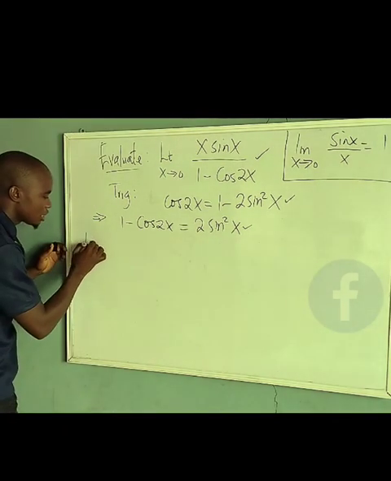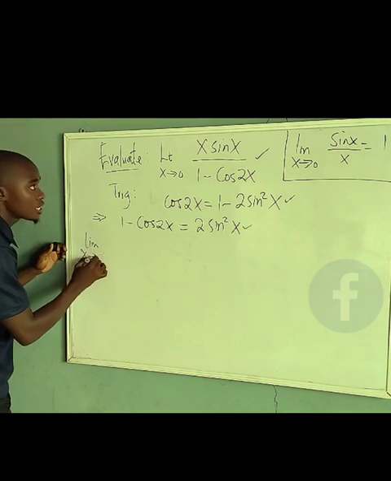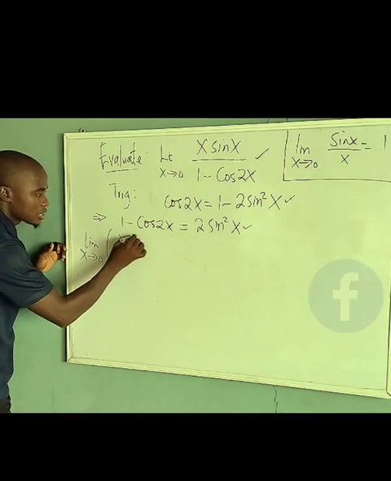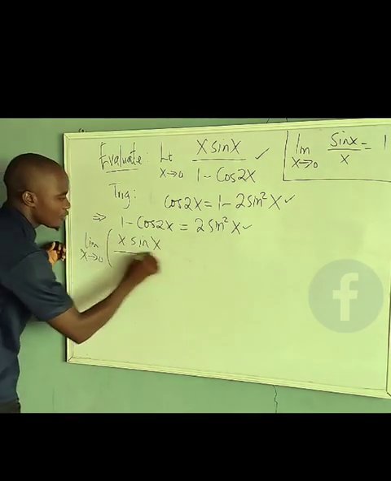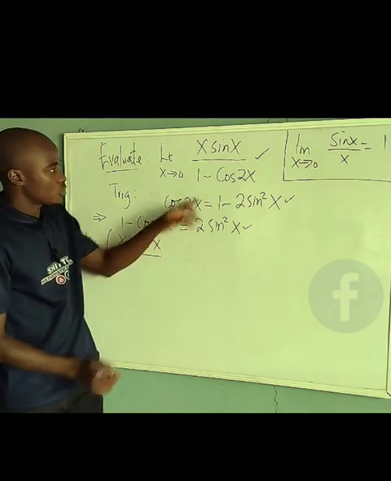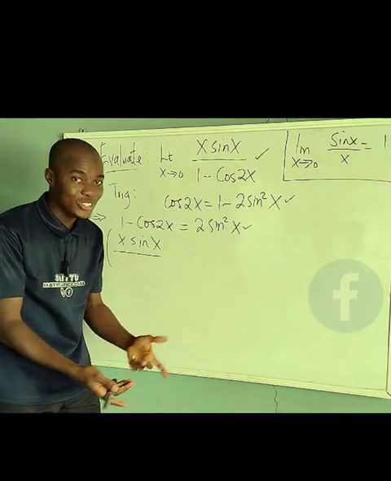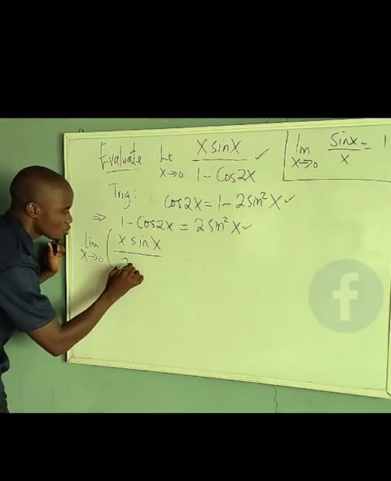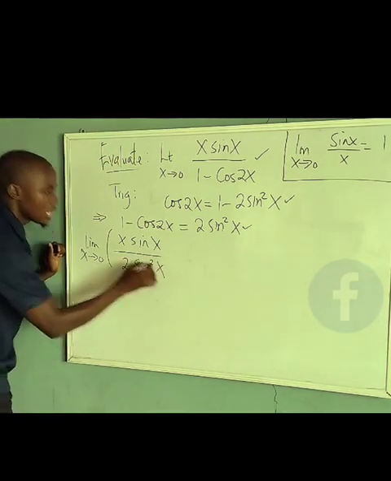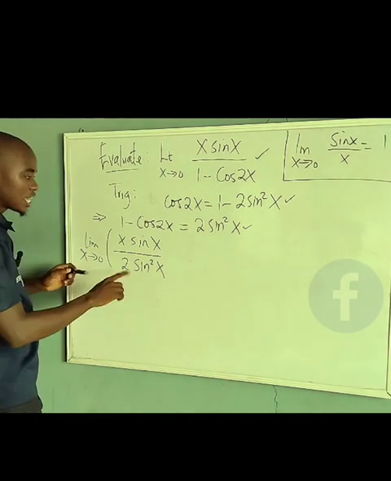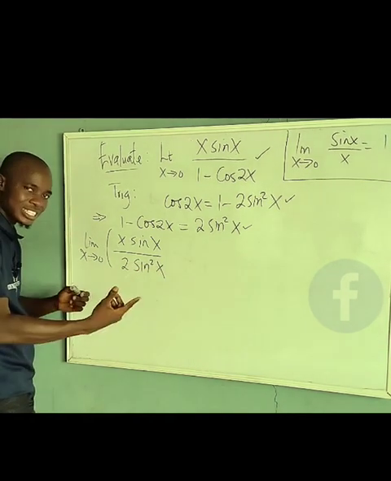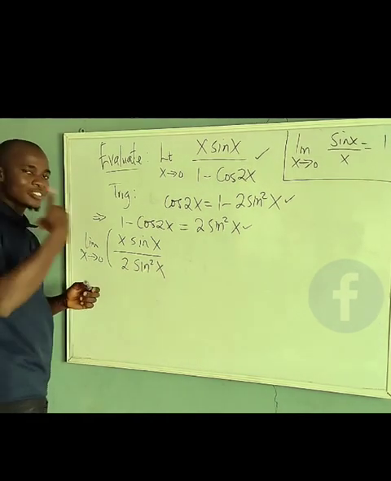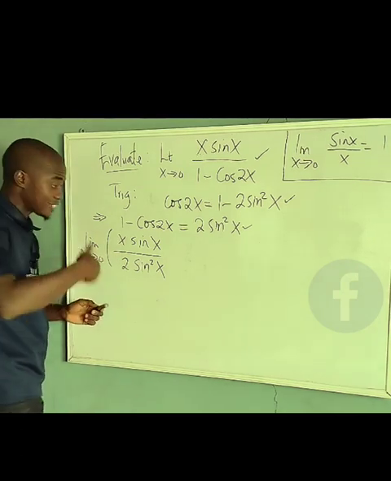So we are going to have the limit as x tends to 0 of x sine x over 2 sine square x. Don't forget that sine square x is sine x multiplied by sine x.